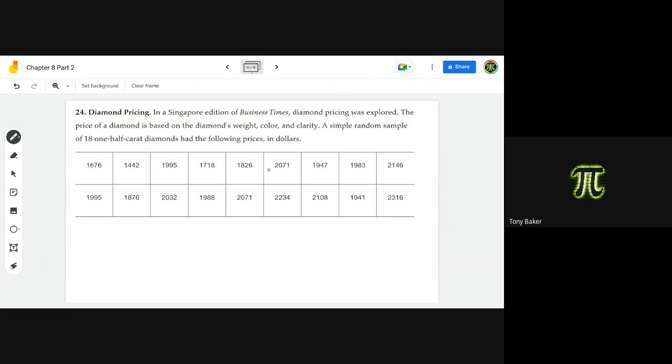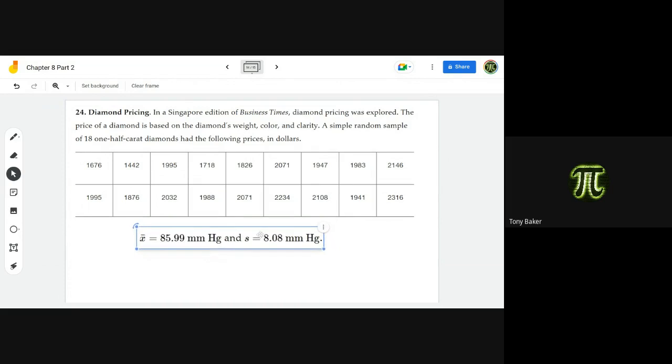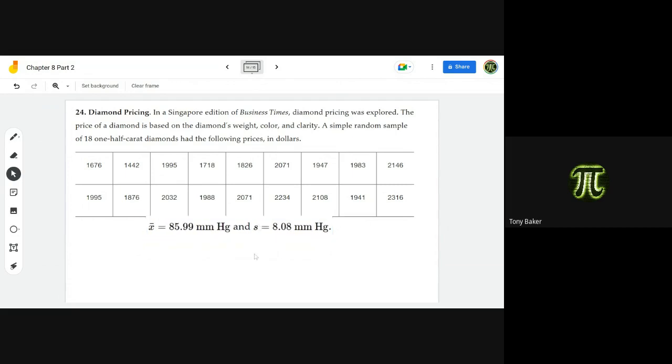In this case, you do not. So we need to use T. We're given the sample mean and standard deviation, so you don't have to calculate them, which saves you a process. So this one you have to use the T table for.